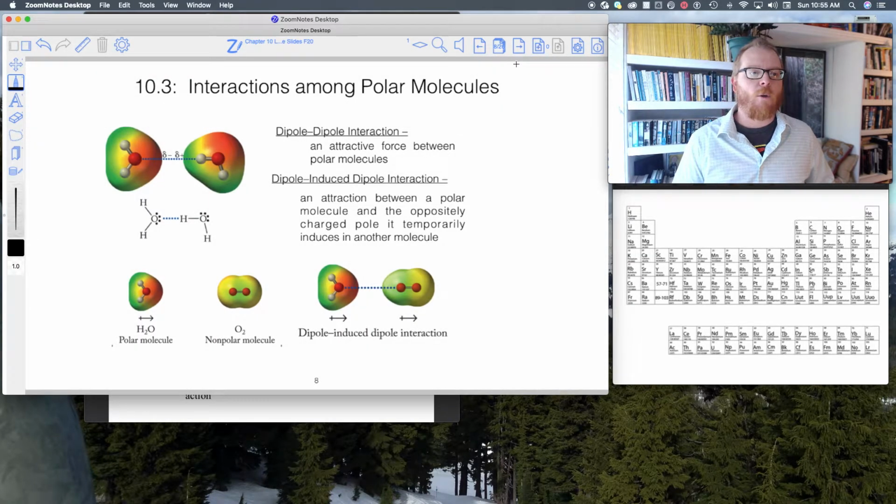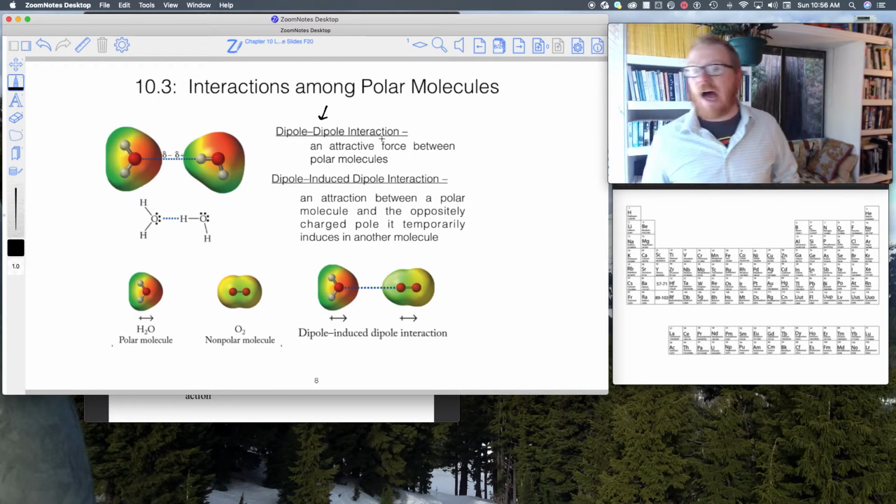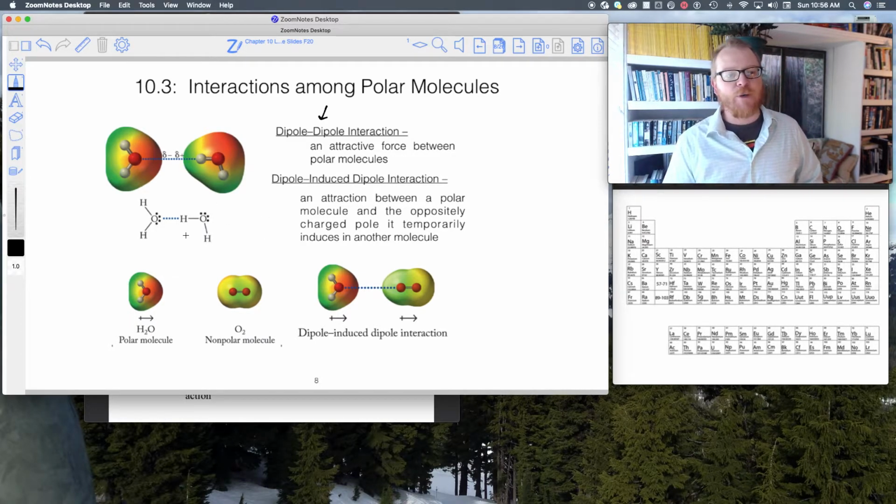Okay, so what I just described there with acetone is what we call the dipole-dipole interaction. So an attractive force between polar molecules, and the dipole moments will line up. So for example, take water, right? So we can see in a network of water molecules, they will always be aligned, oxygen, hydrogen.